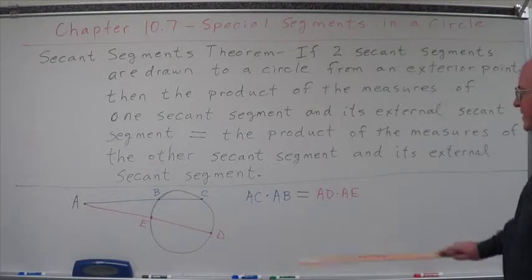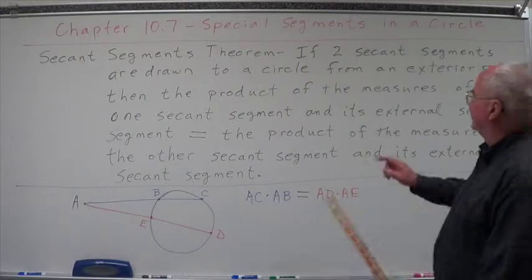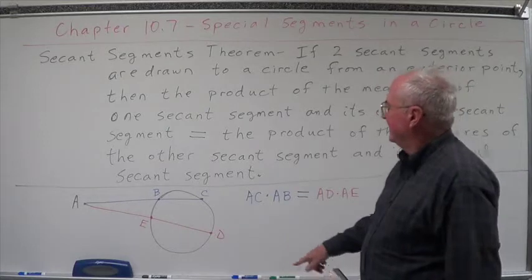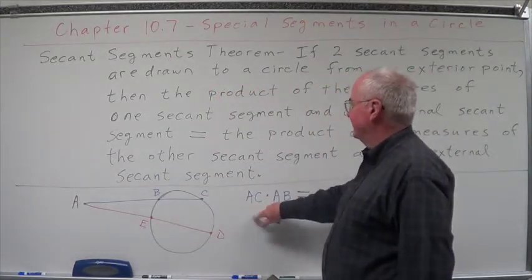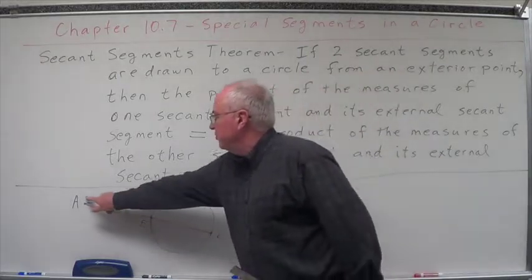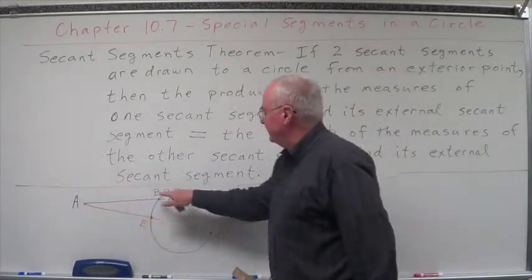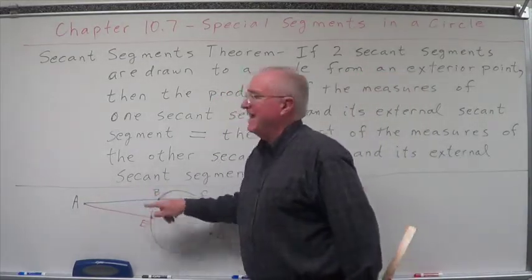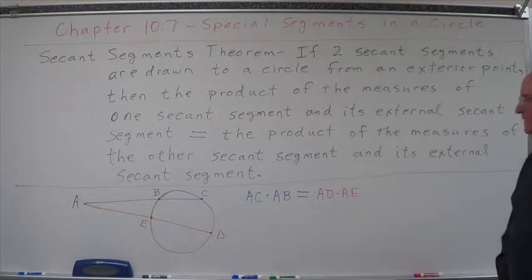So, let's look at this, make sense of it. It says the product, the multiplication result, of the entire secant segment, AC, times its exterior portion, AB. So we're going to take the length of the whole thing, AC, and multiply it times its exterior portion only. Okay, that's all we're interested in.